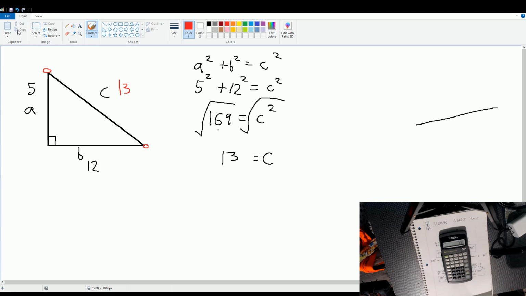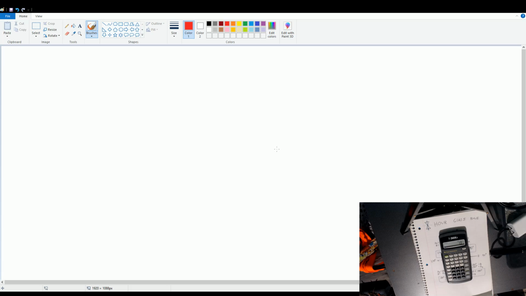But let's just say if we only have, let me make a quick triangle, let's say we have 20 right here for our direct distance, and we only know one of these legs. Let's say 4.